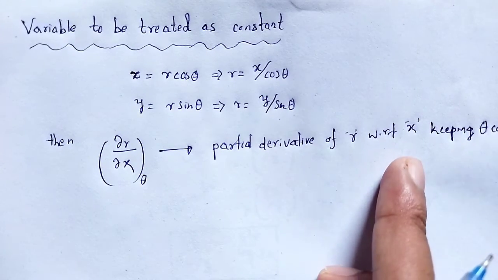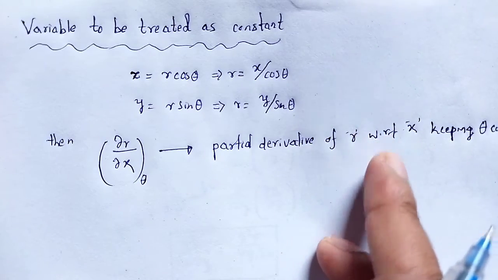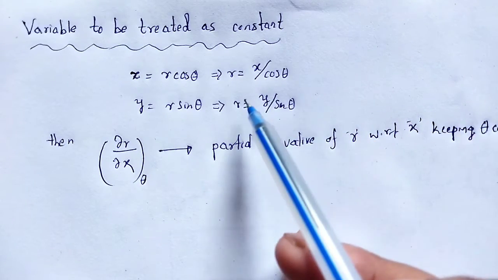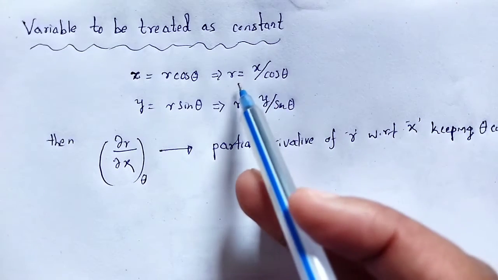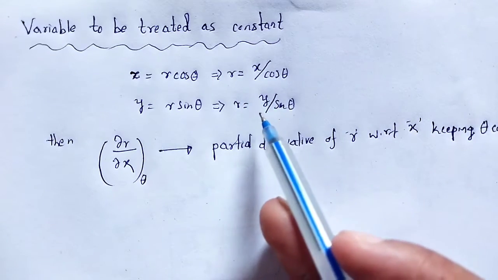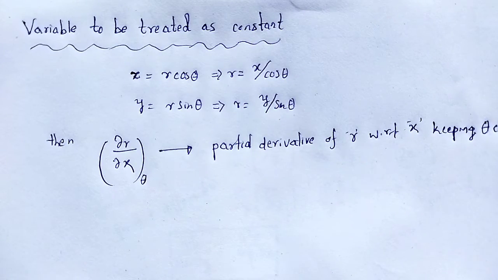That is in the relation r in terms of x and theta. We can find r is equal to x by cos theta and r equal to y by sin theta.